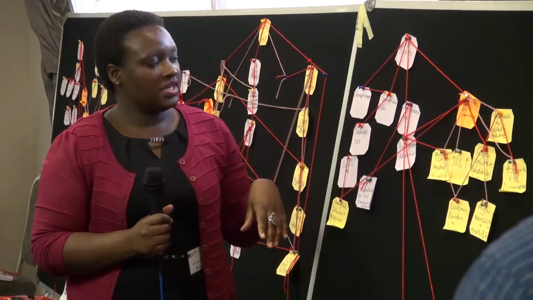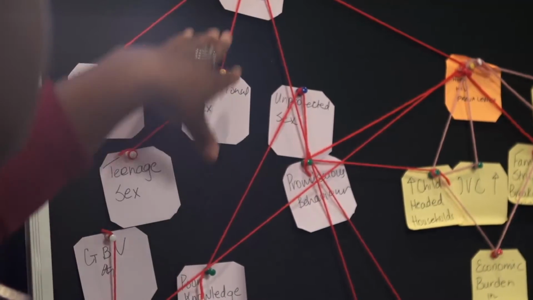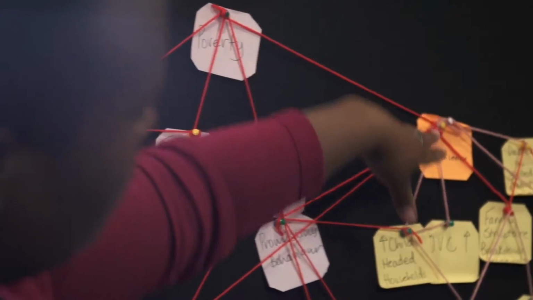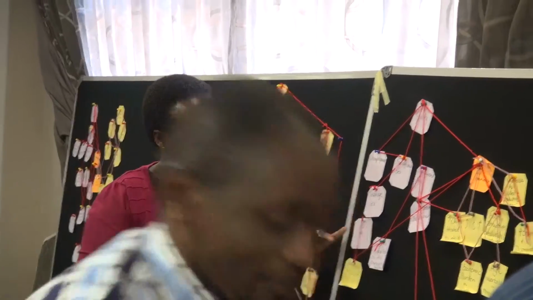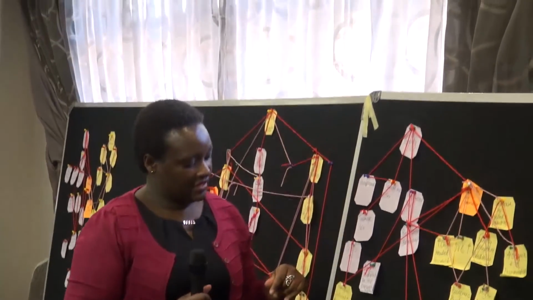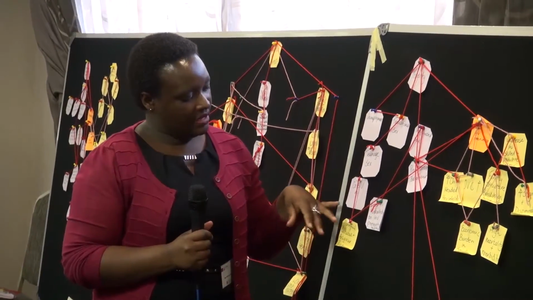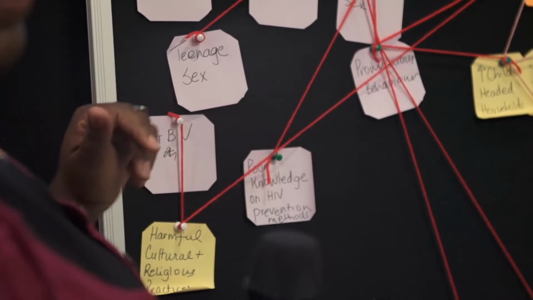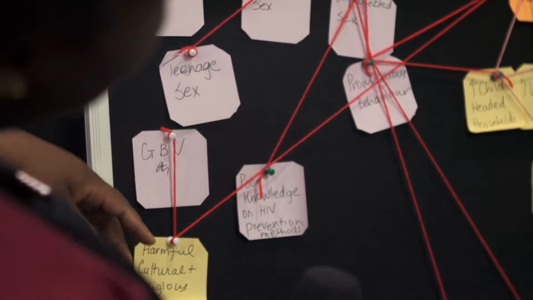Then we have issues related to teenage sex and transactional sex, all resulting from poverty, all leading to high HIV prevalence. Then there's gender-based violence, for instance men forcing their wives or partners to have unprotected sex with them, directly linking to HIV.